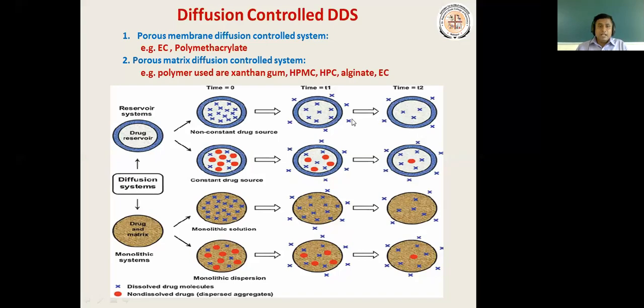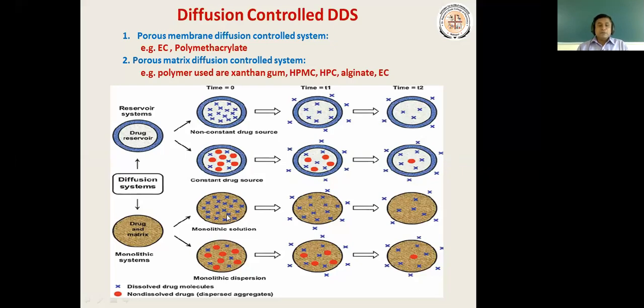Okay. Similarly, we can also fabricate the porous matrix diffusion controlled drug delivery system. The porous matrix diffusion system is also called a monolithic system. Here the systems are fabricated so that the drug is dispersed into hydrophobic polymers, or sometimes we can fabricate the systems by dispersing the drug into swellable type of polymers.